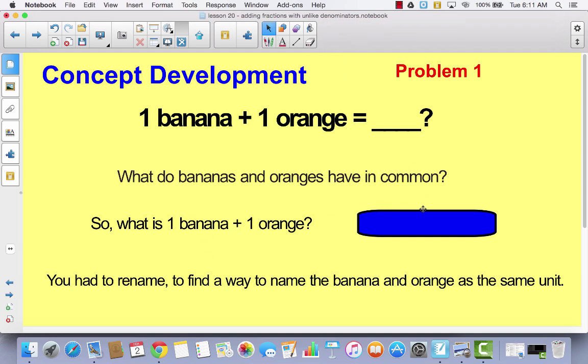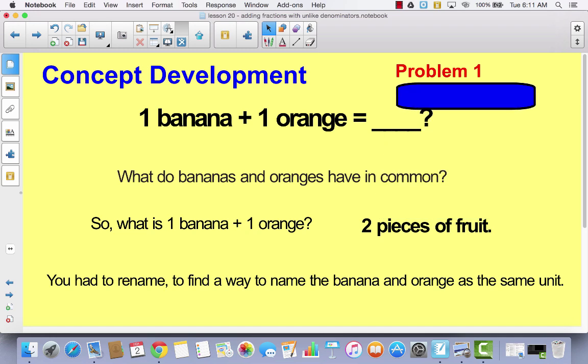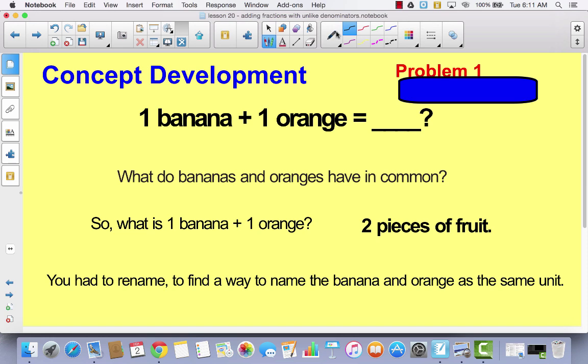Well, together they make two pieces of fruit. Okay? We had to rename. We could not add a banana and an orange. We had to say that, okay, well, they're both fruit. So we didn't say that that's two banana oranges. We didn't say it's two banana plus oranges. We said it's two pieces of fruit.